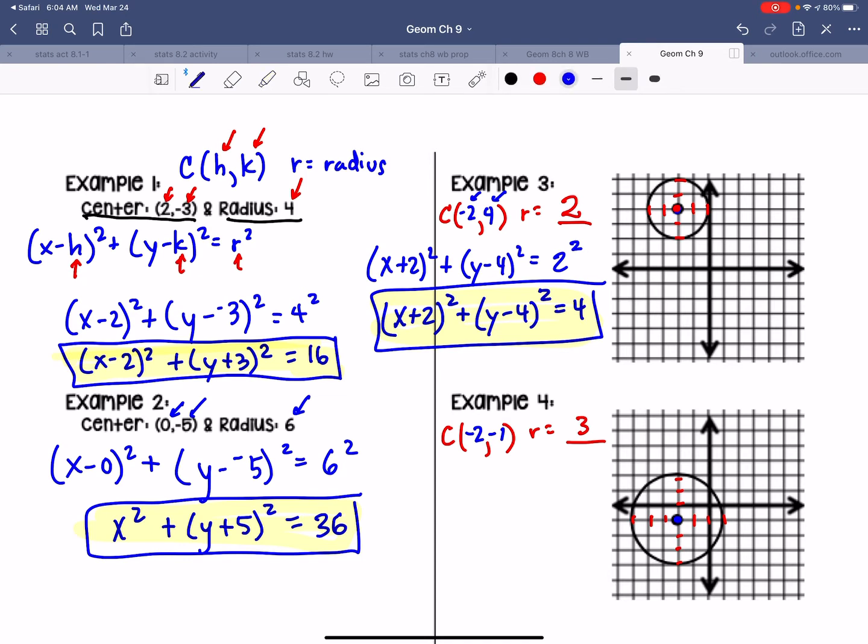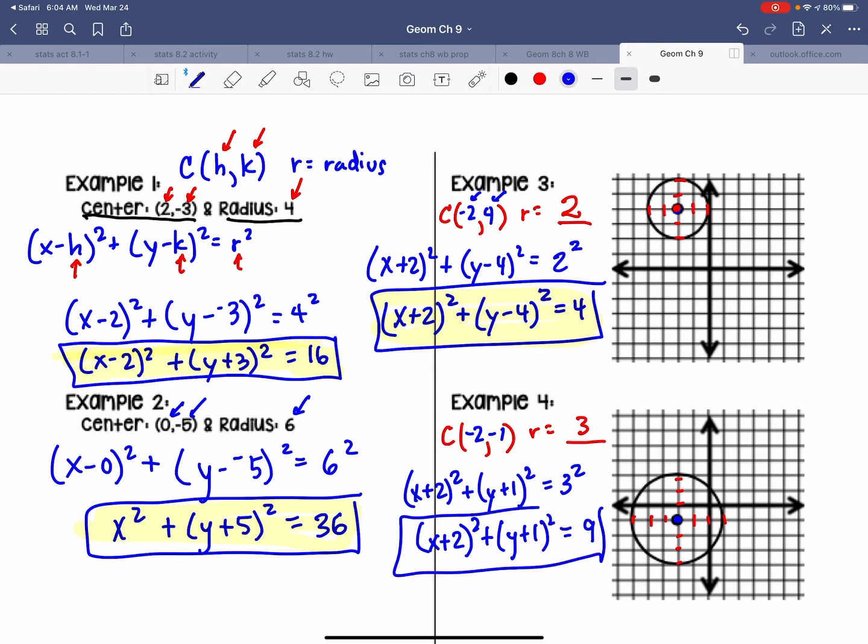Doing the other one here, we have x plus 2 and y plus 1 equals 3 squared. This was similar to our very first example. When the radius is 3, then the right side of the equation is 9 because 3 times 3 is 9 and our formula is radius squared. Well done.